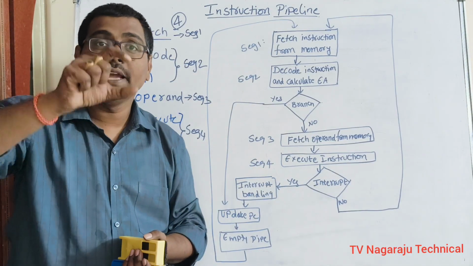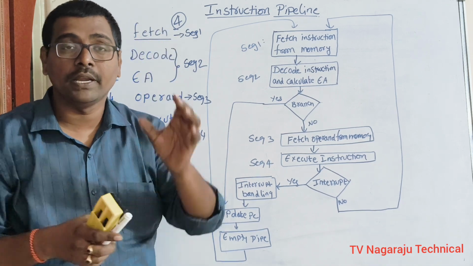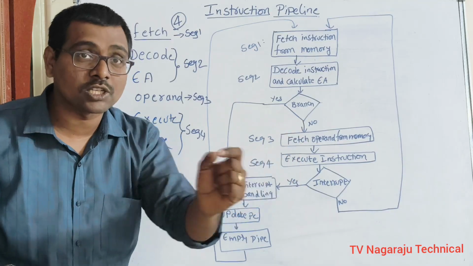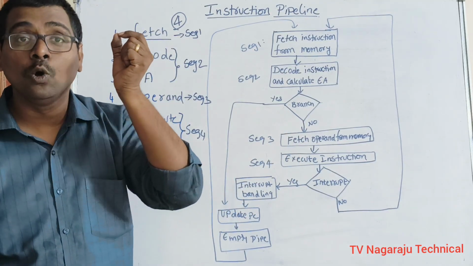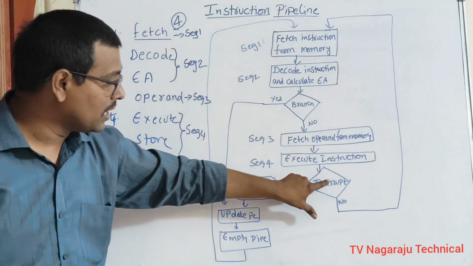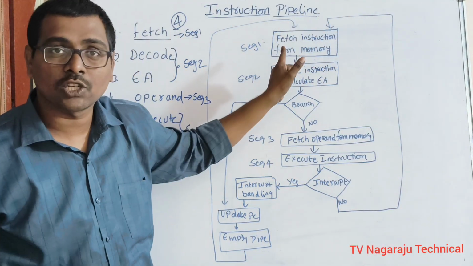Once instruction 1 is completed, we move to the second instruction, and then to the third instruction, if there is no interrupt from the system. So we are checking if there is no interrupt, then continue the process for the next instruction.